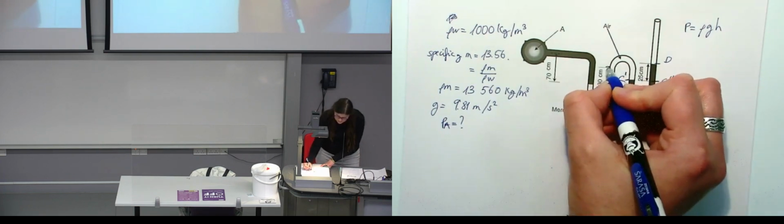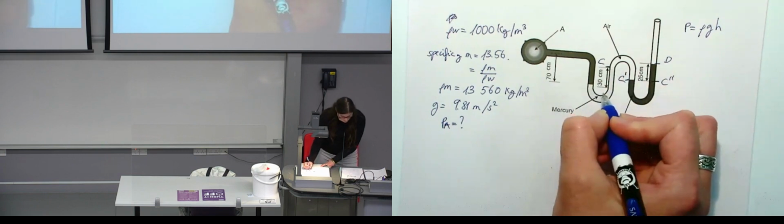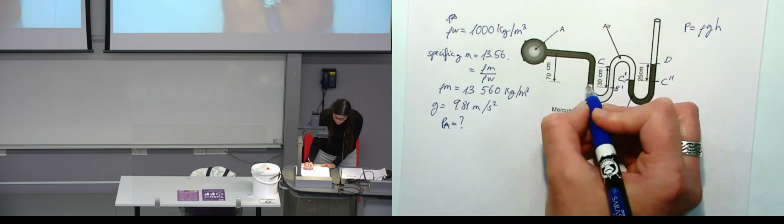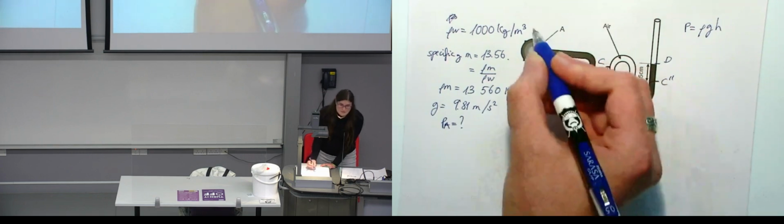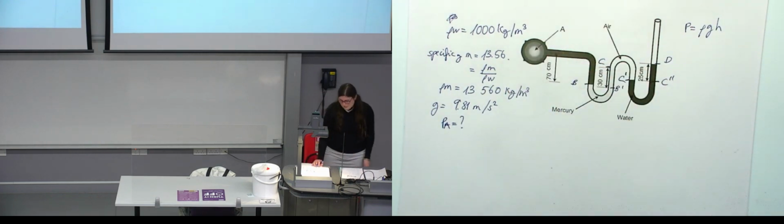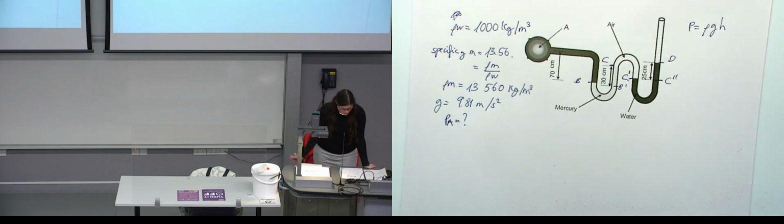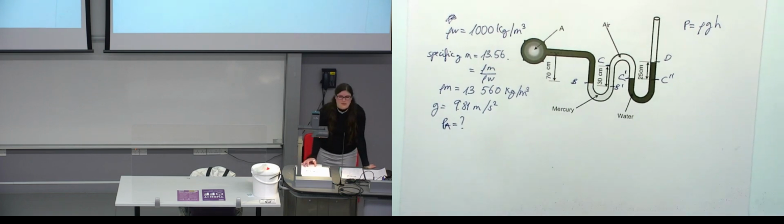Then that's C. Then that's B prime, B, and finally A. You can put any letters, it's just to label. I forgot to say, but if you have any questions at any point, just ask.